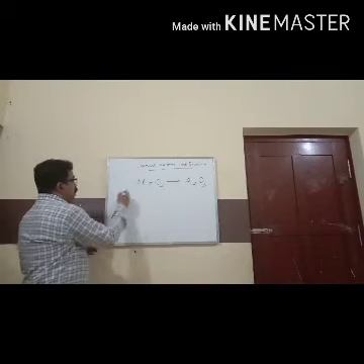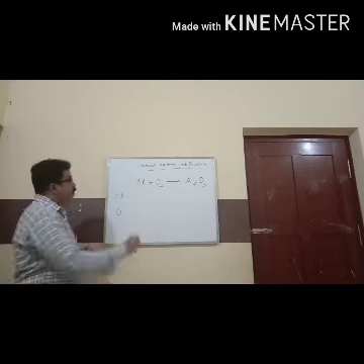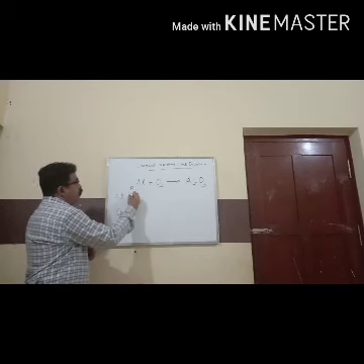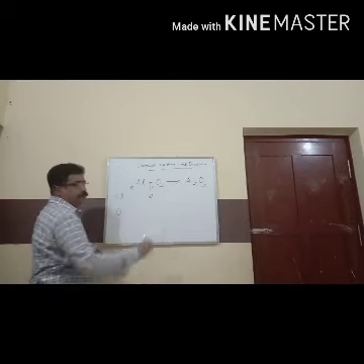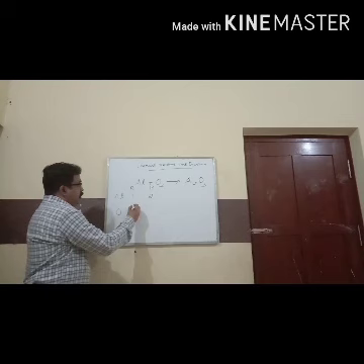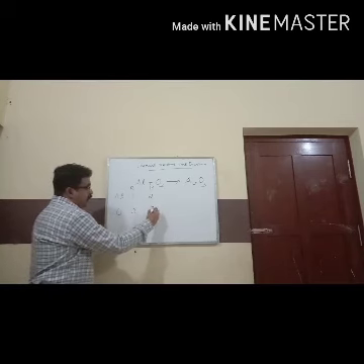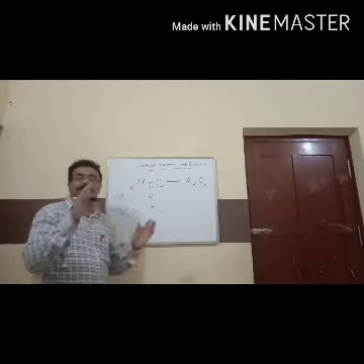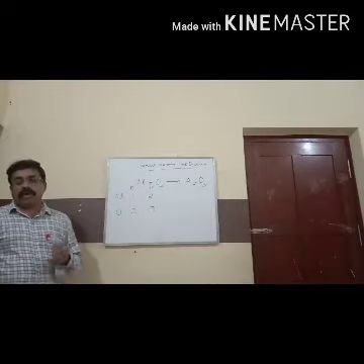So which are the elements? Only 2 elements here: aluminum and oxygen. In the reactant side, aluminum is 1. In the product side, aluminum is 2. In the reactant side, oxygen is 2, and in the product side, oxygen is 3.